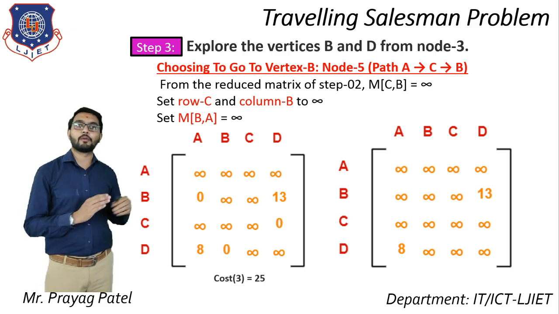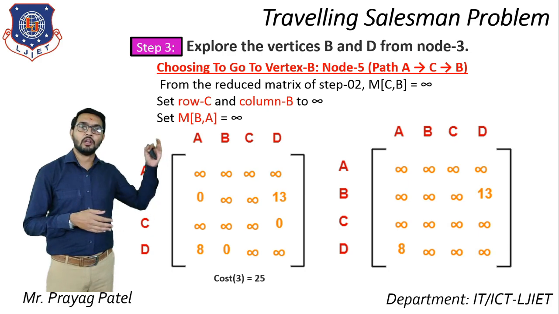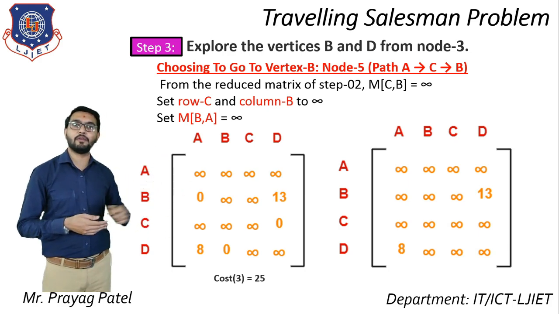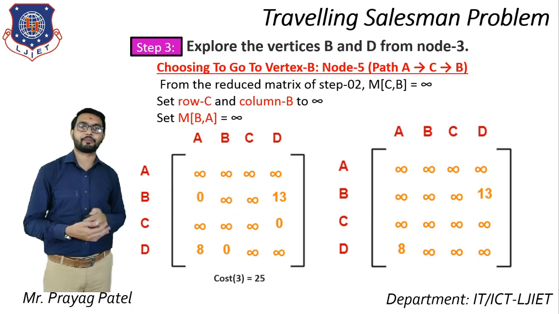Now perform the operation: row C as infinity, column B as infinity, and location BA as infinity, and the resultant matrix is the second matrix in this figure.